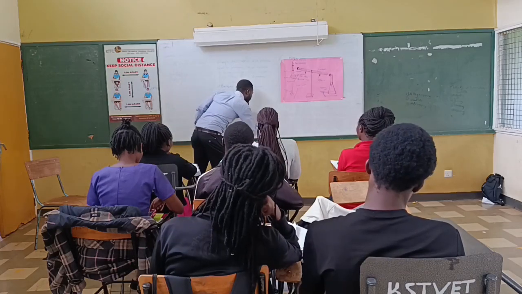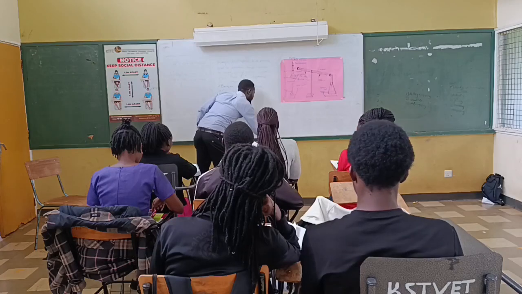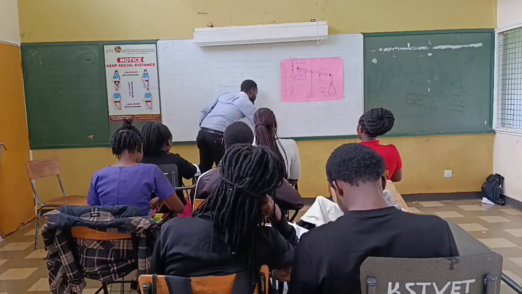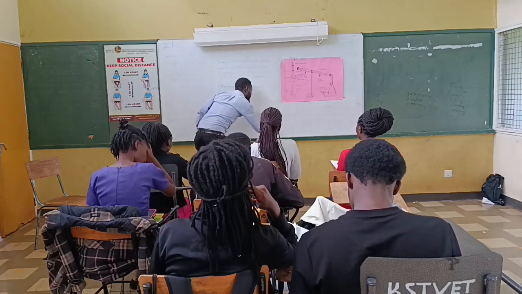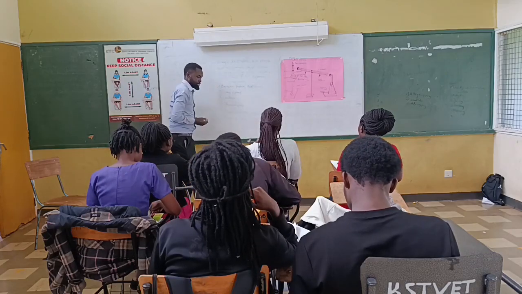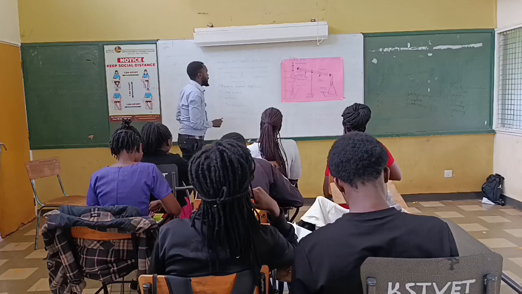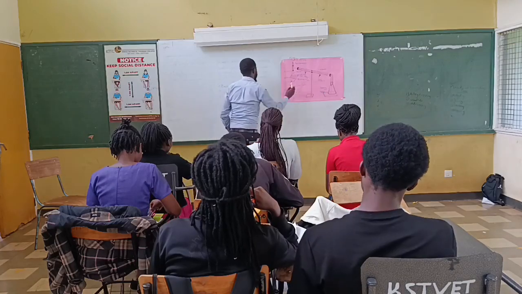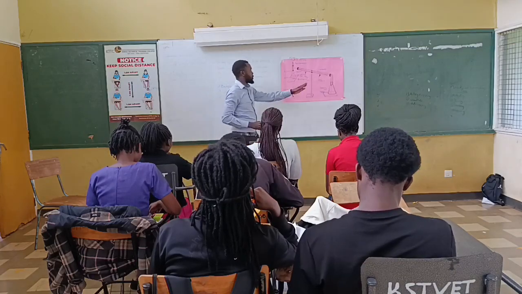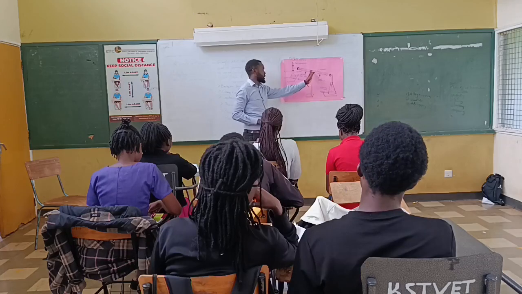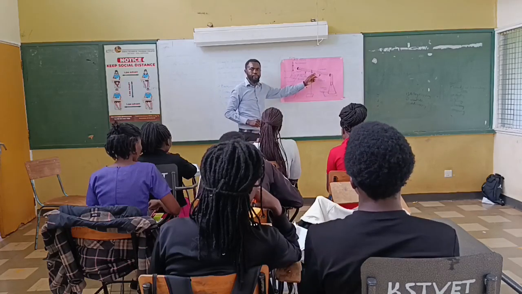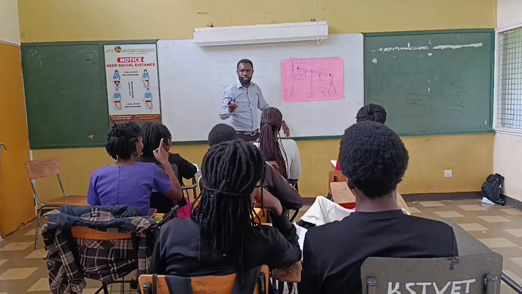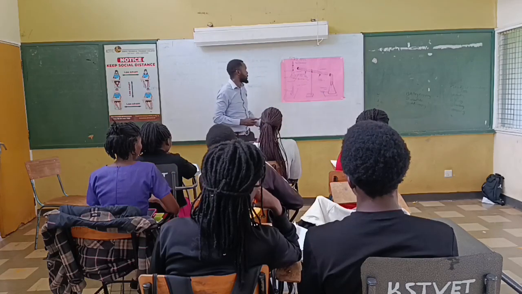So you take note of that. And then we have the condenser, where we have cold water coming in and cold water coming out. Why do we use cold water on this? Yes? To cool the vapor.